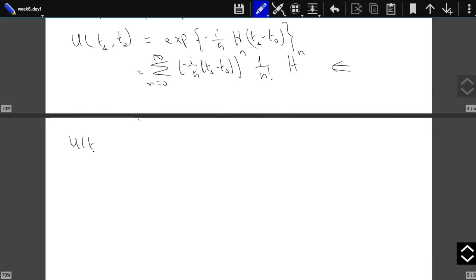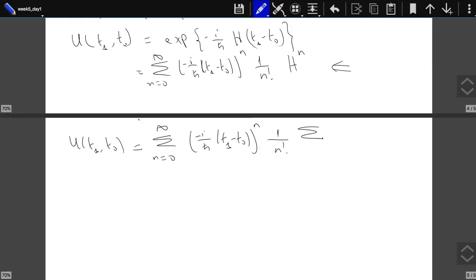U(t1, t0) is equal to the sum from n equals 0 to infinity of (minus i over h bar (t1 minus t0)) raised to the power n, 1 over n factorial. The Hamiltonian to the nth power is just the sum over, let me use the index j, of E(a_j) to the power n |a_j><a_j|.